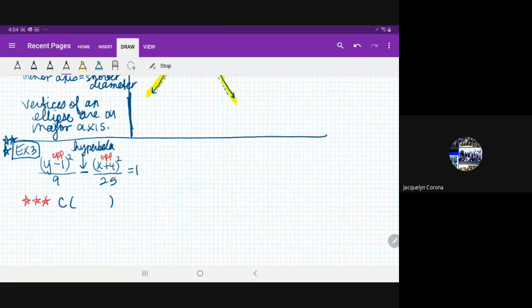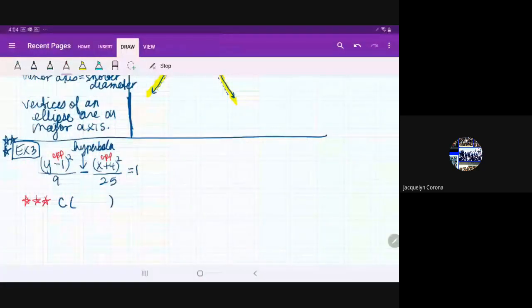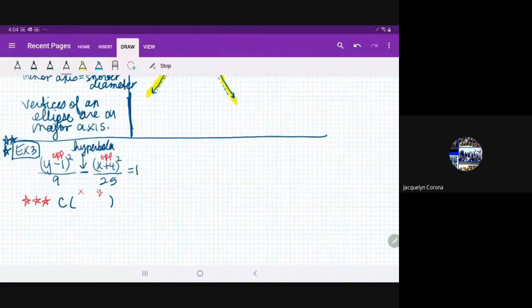Okay, so for this one, I do the opposite. Now, this is xy. So when I do the opposite of y, which would be 1, I have to put that in the y spot instead. And when I do the opposite of the x, I have to put that in the x spot.